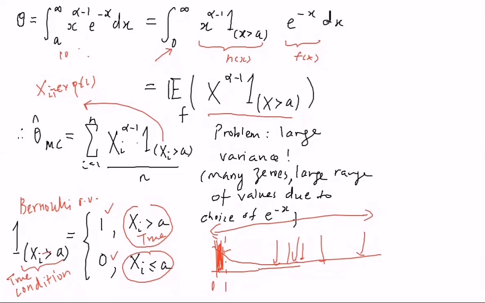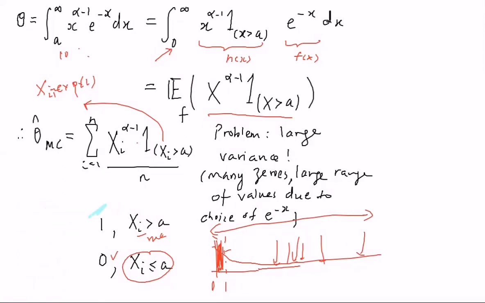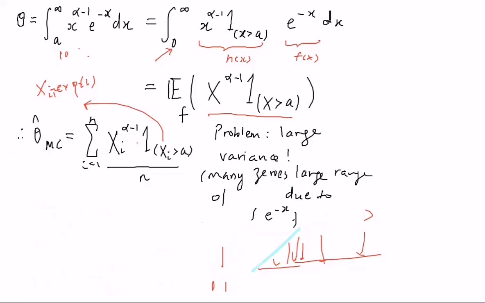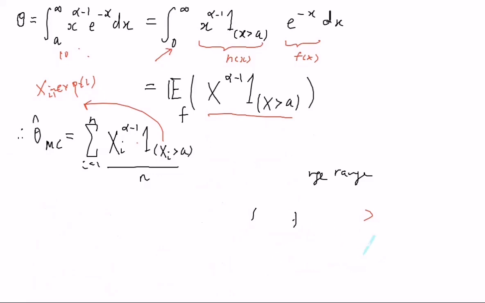So I'm going to clear the board a little bit. Okay. So as you know, if you use importance sampling, for your Monte Carlo estimator, you will have to introduce some g(x), a new density.